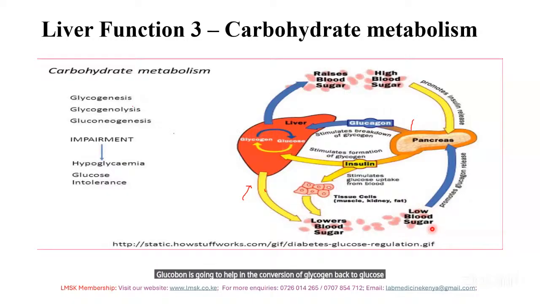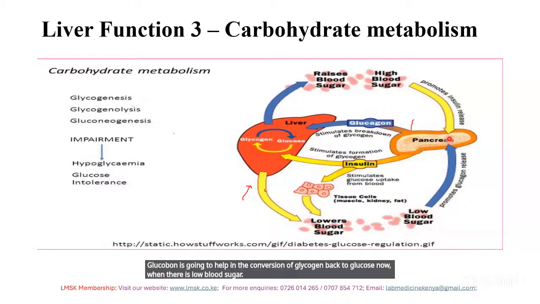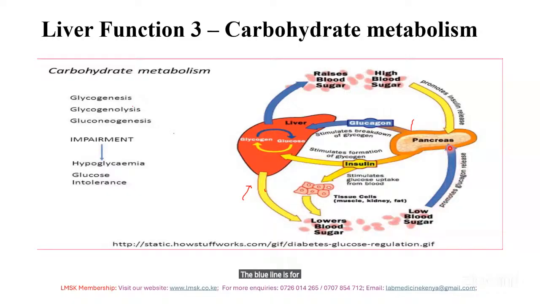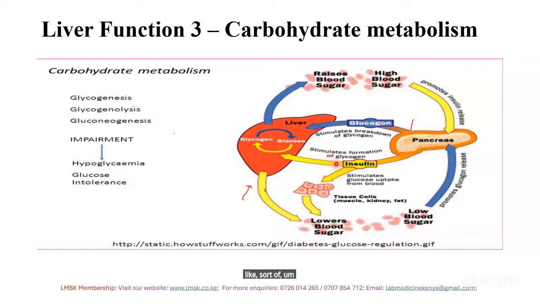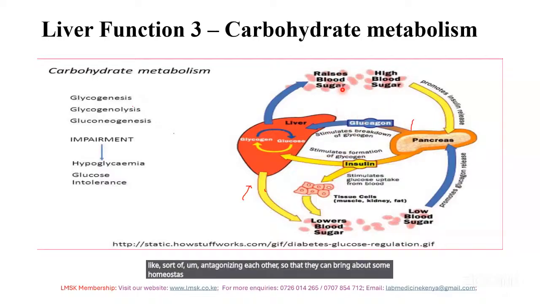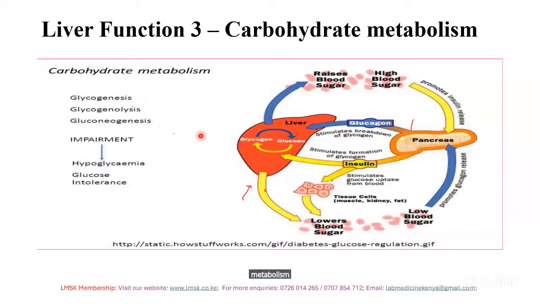The blue line is for glucagon activity, and the yellow line is for insulin activity, so that they are sort of antagonizing each other, so that they can bring about some homeostasis in the glucose metabolism and the glucose levels in the blood.